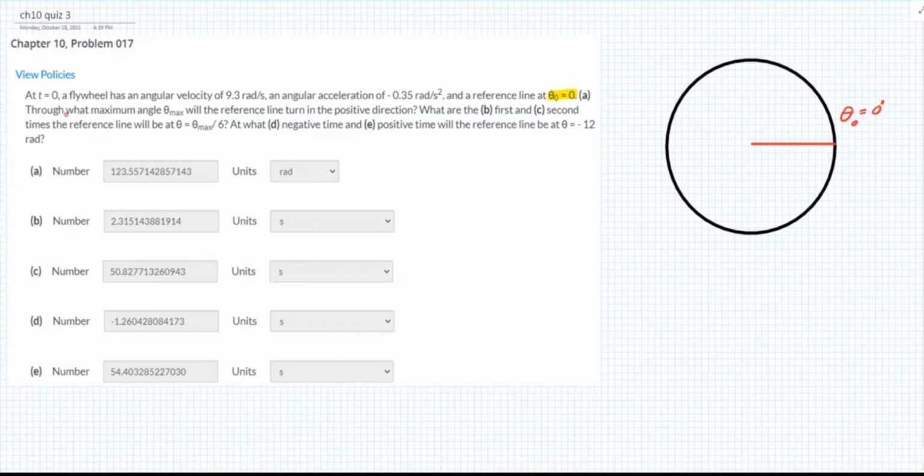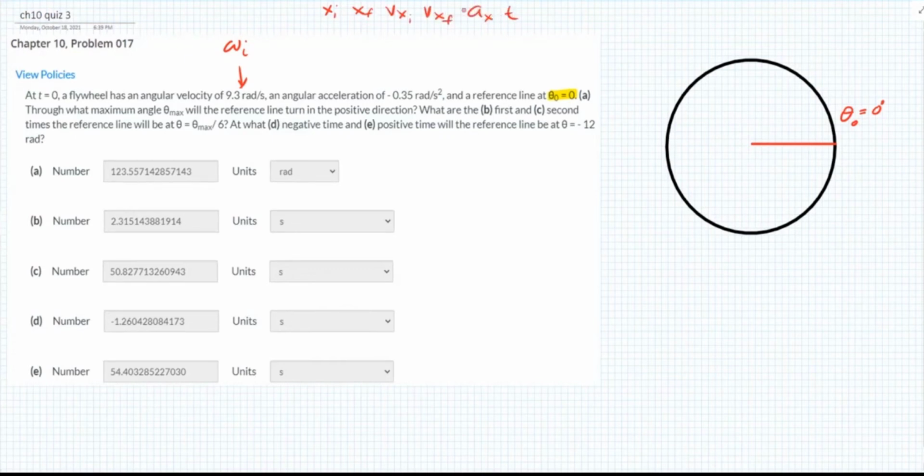the flywheel at time equals 0 has an angular velocity. So this number here, I would say omega initial, just like you remember the kinematics variables. You remember x initial, x final, vx initial, vx final, a sub x, and t.